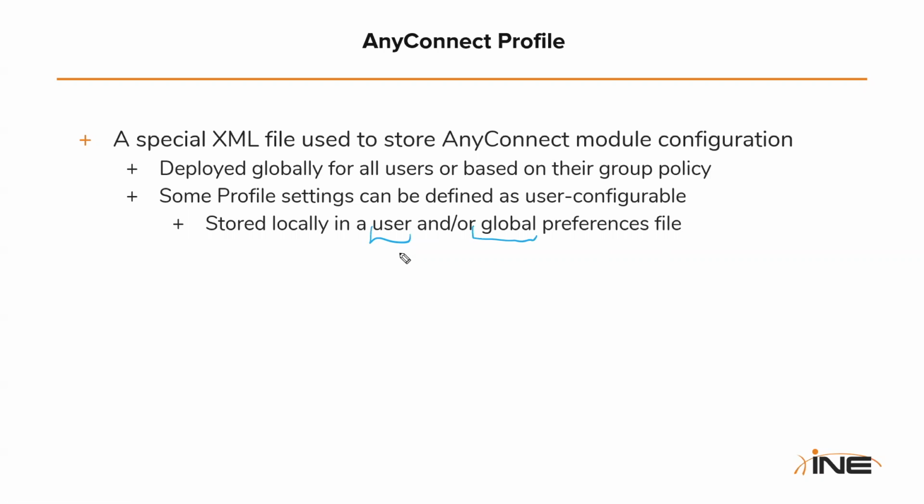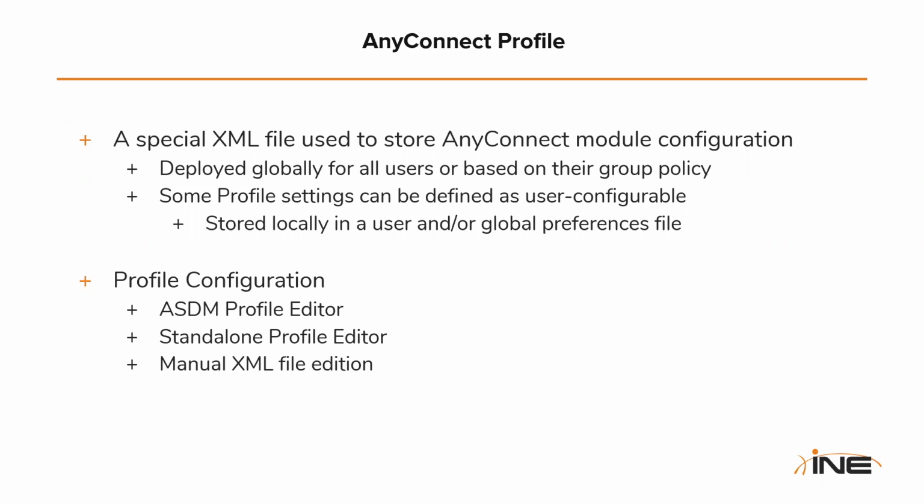But it's not something that is really important from the deployment perspective. It's just so people can select if AnyConnect should reconnect automatically or not, maybe tell if AnyConnect should start when the system boots and stuff like that. Not something that I would say is really critical for the deployment.